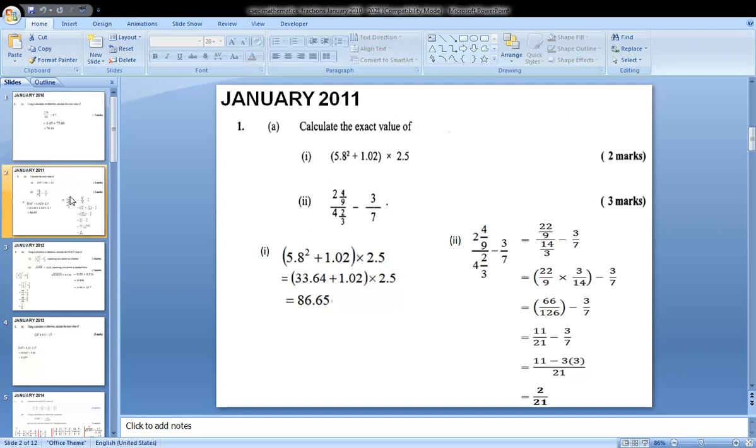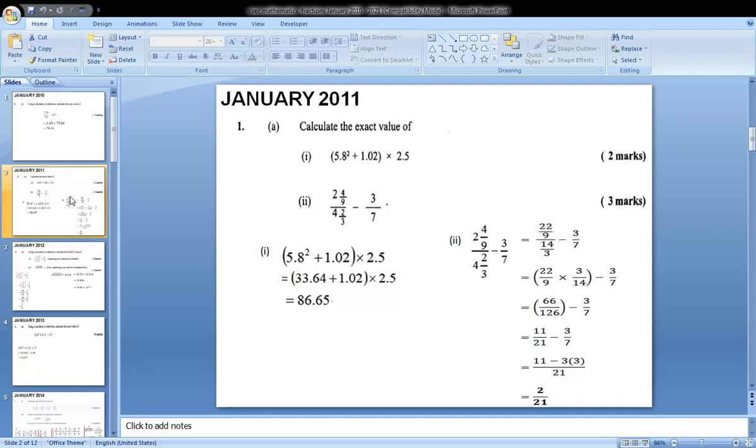And then we subtract that. No, we don't throw away the other part of the equation. We subtract that from 3 sevenths. So we now have 11/21 subtracted from 3 sevenths. What do we do? We find the LCM. The LCM of our denominators 21 and 7 is 21, because 21 can go into itself and 7 can go into 21.